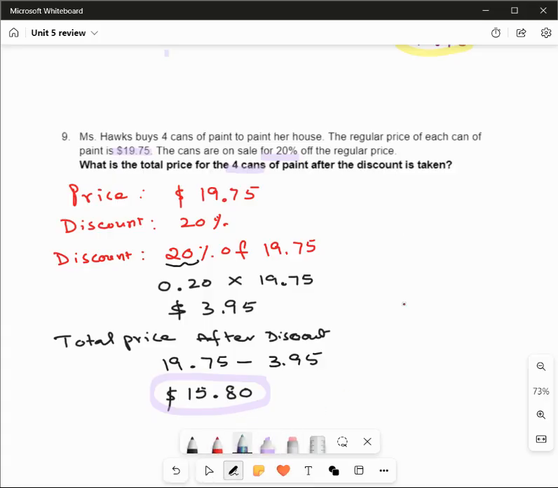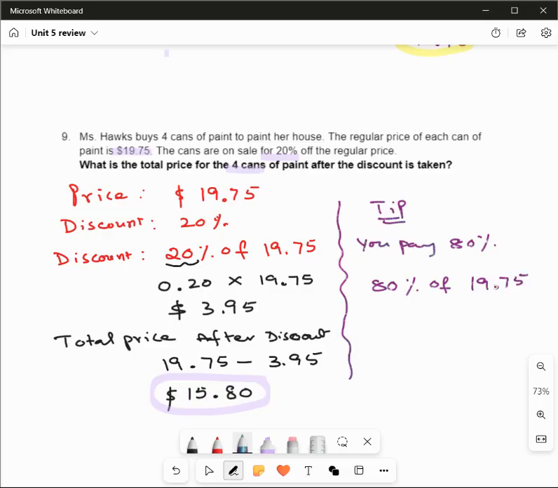Also remember the faster way we did it. You can always use that technique as well. The faster way is: you have a painting that's 20% off. That means out of 100%, you pay only 80%. So we can find 80% of 19.75.